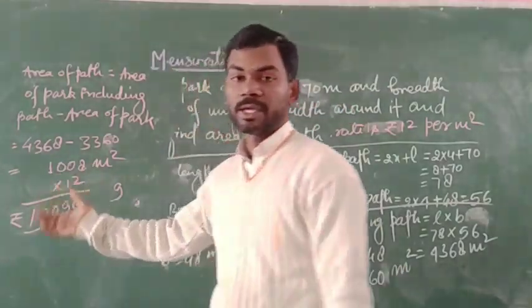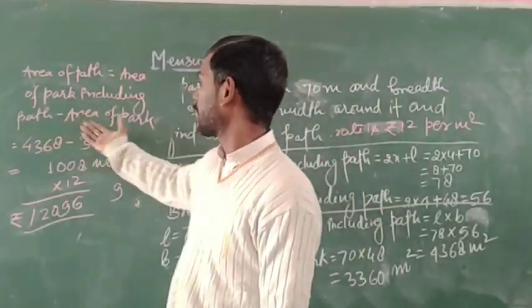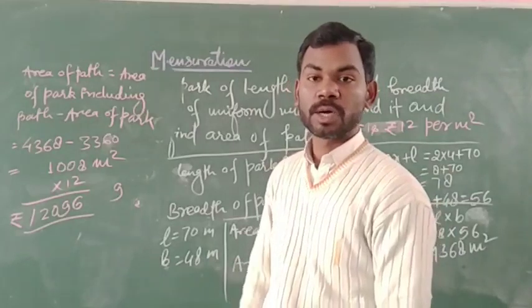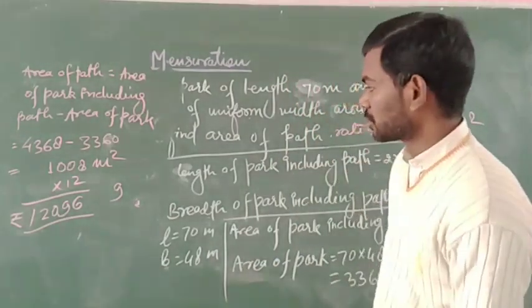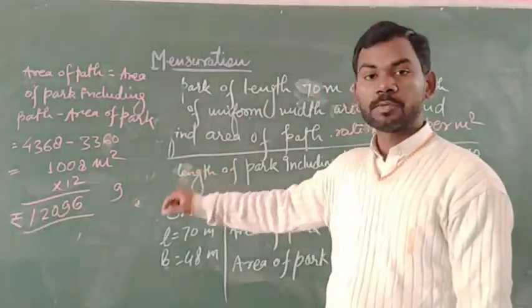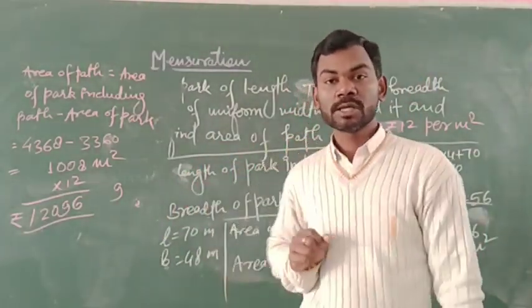In order to get the area of the path, we subtract, which gives us 1008 meter square. So 1008 meter square is the correct answer, and if the rate is given, then we can easily find out the total cost of making the lane.